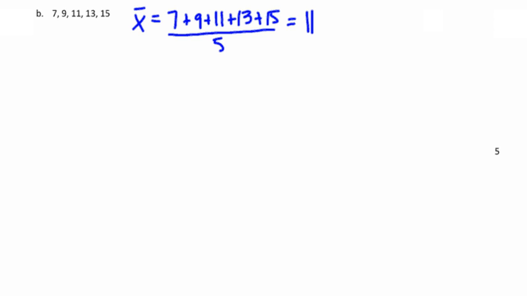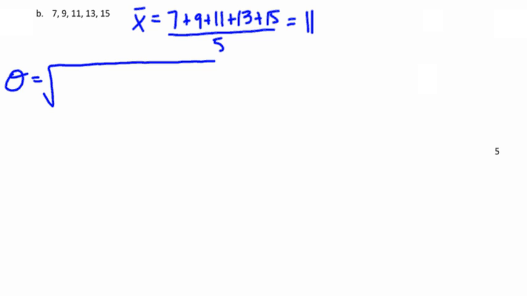Plugging that into our standard deviation formula. Standard deviation is the square root of each deviation, so the distance away from the mean for each term squared, divided by the number of terms.